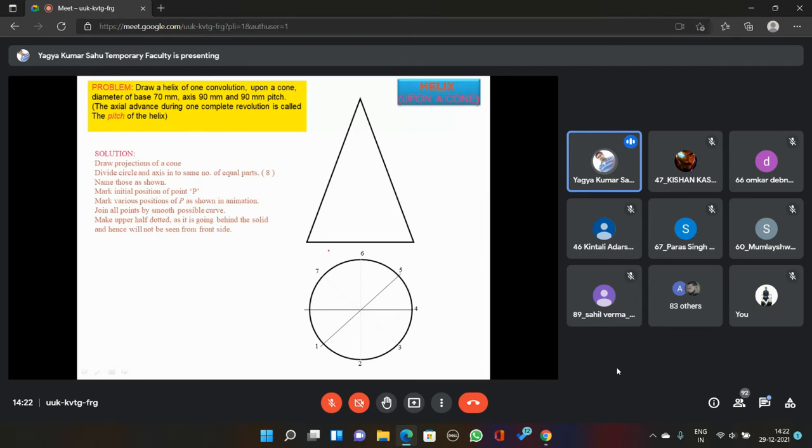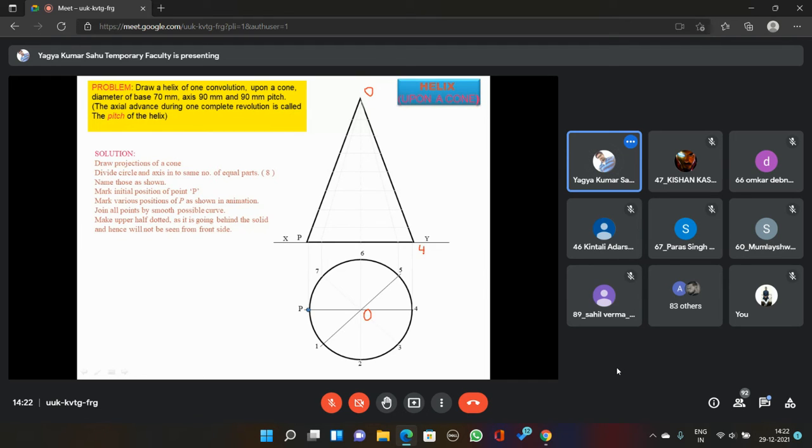Next, what will you divide? Here we don't have any vertical line, so what to do now? Slantly. Suppose this is O and this is OP and OQ, say this is 4.